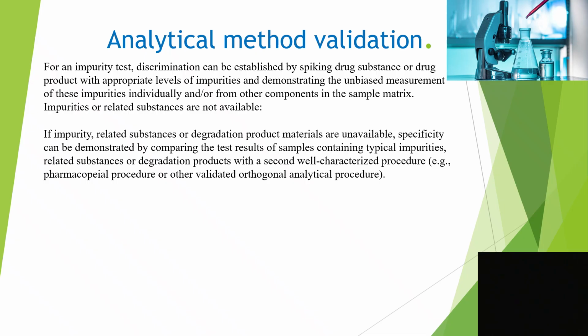Means here is a comparison between the test results of samples as well as the drug substance or the degradation product, which is a well characterized procedure. And so between these comparisons we can easily identify the impurity or the level of impurities in that scenario. So the pharmacopoeial procedure or otherwise validated orthogonal analytical procedures should be there.